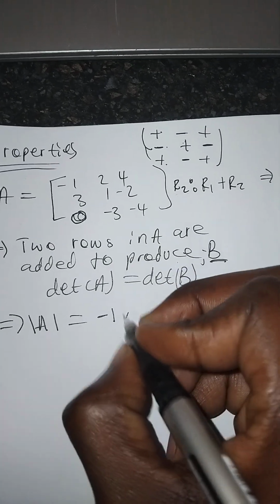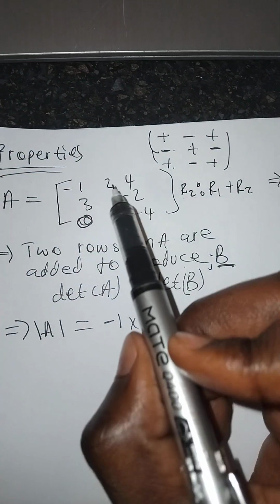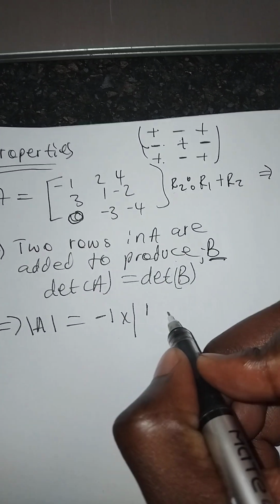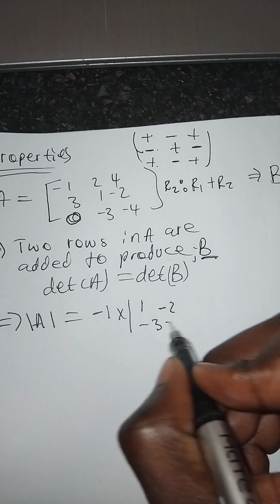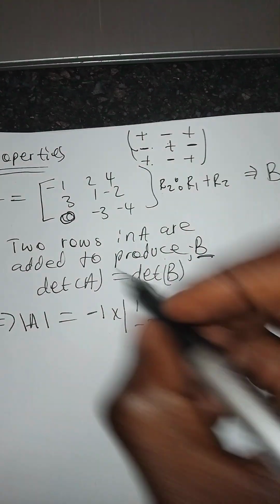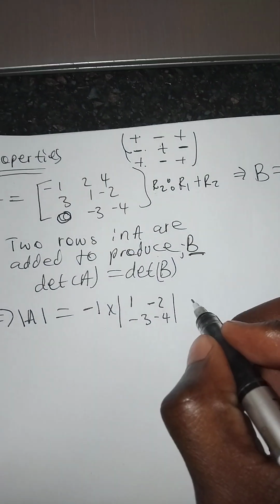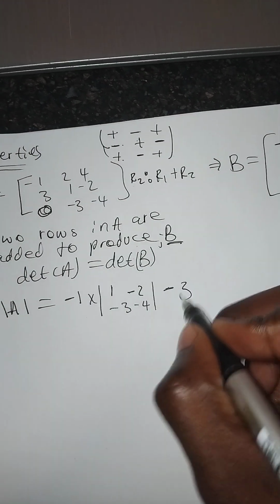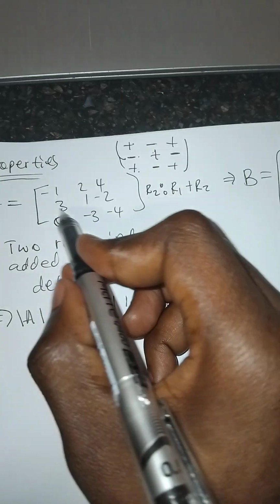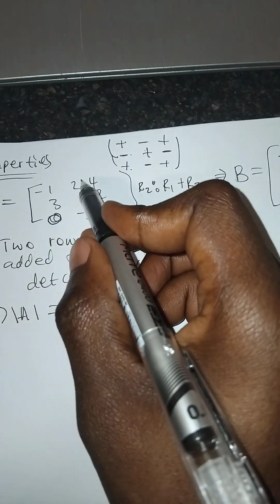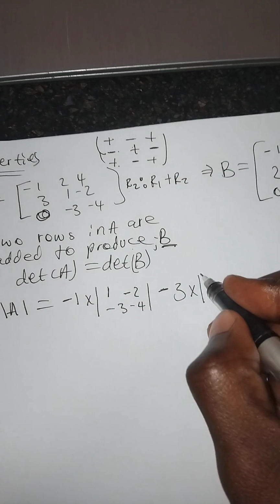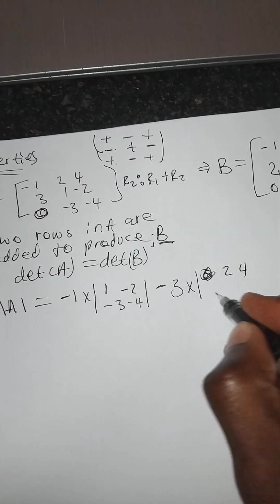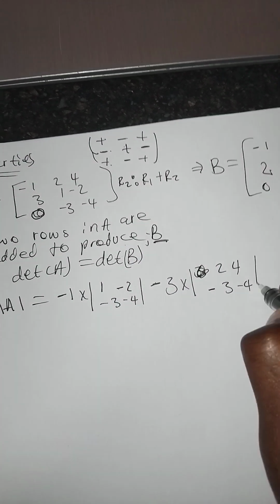So -1 is going to be multiplied by, we cancel this and that, we remain with 1, -2 and -3, -4, just like that. Okay, then we come to this one, we say minus, this negative is coming from the signs there, then 3 multiplied by, we cancel the respective row and column, we remain with 2, 4, -3, -4, like that.